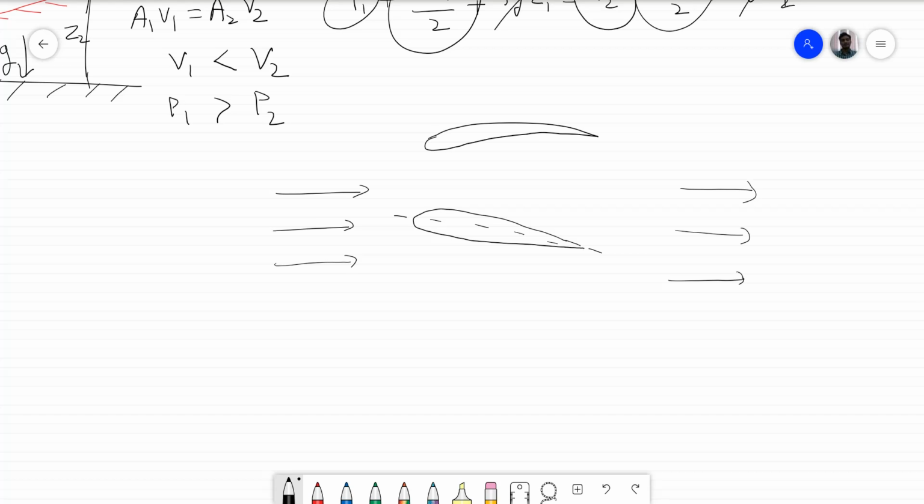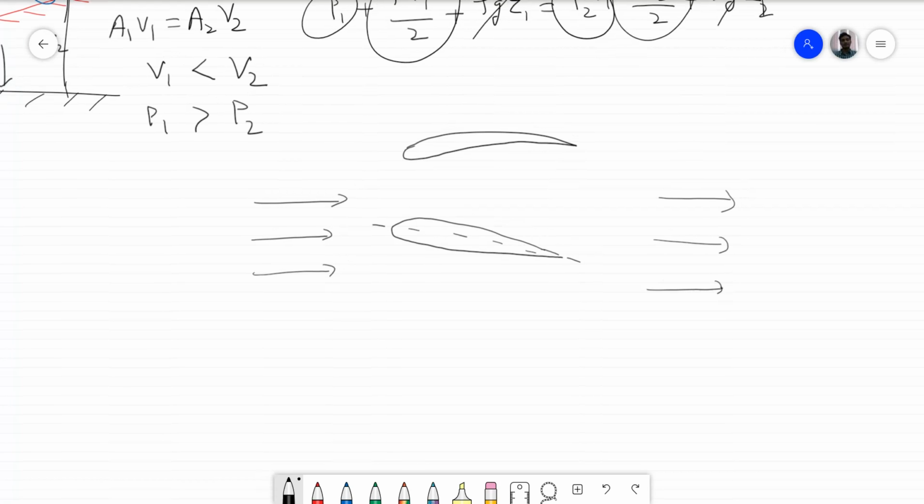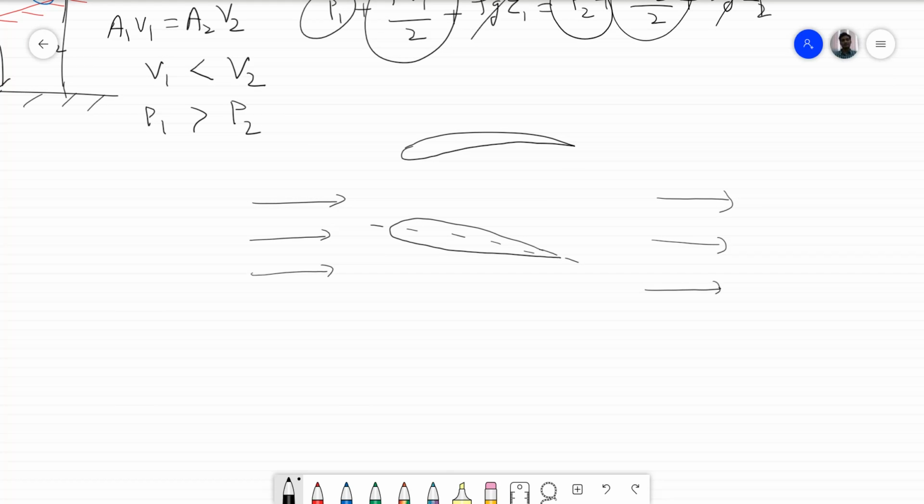So we cannot apply the Bernoulli's equation just after the wing. But still, in a situation where the flow is laminar and you don't have much change in the flow after the wing, then you can say that the air velocity is same in front of the wing and at the back of the wing.